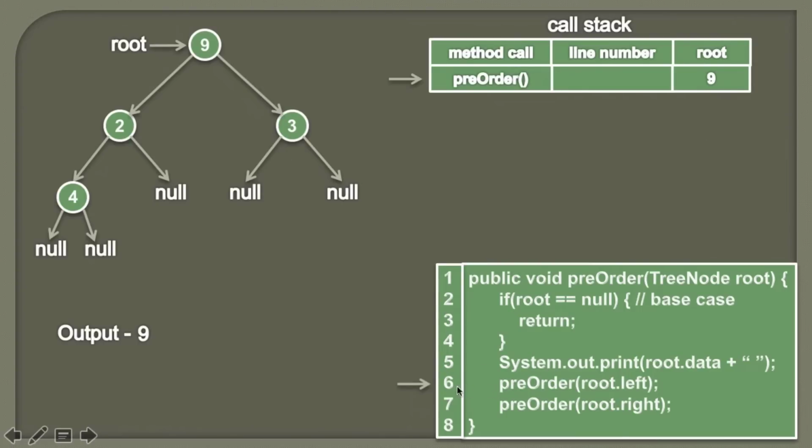So currently from line 6 we are calling this pre-order, therefore we will keep the track of this line number. So here we have stored the number as 6. And now we will again call pre-order method and will pass the root.left to it, which is nothing but the node 2.